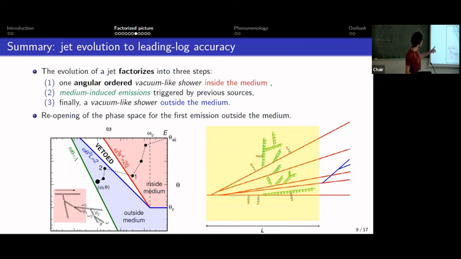Okay. But these emissions outside, they are really coming from the high virtuality of the initial parton, not necessarily, since the medium can give kicks and give virtuality to the parton. You have somehow competitive Bremsstrahlung effects between the Bremsstrahlung triggered by the high virtuality and the one triggered by the medium scatterings. And the latter are not included in this picture.